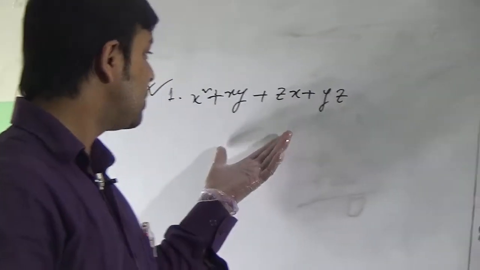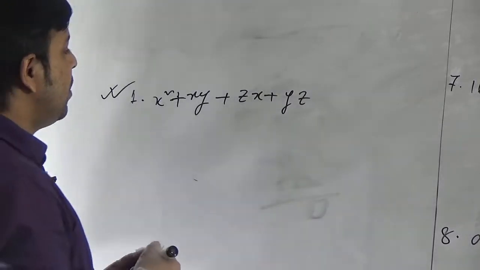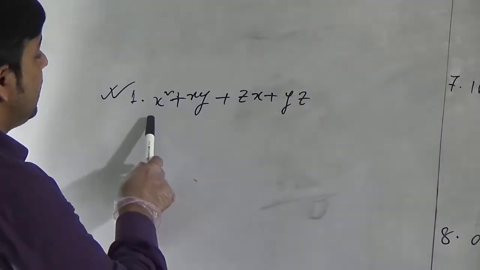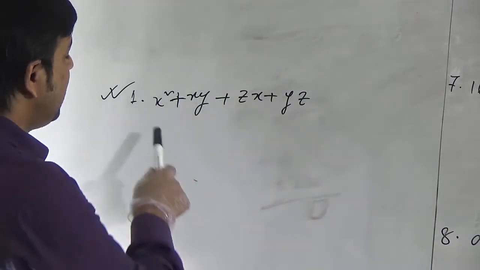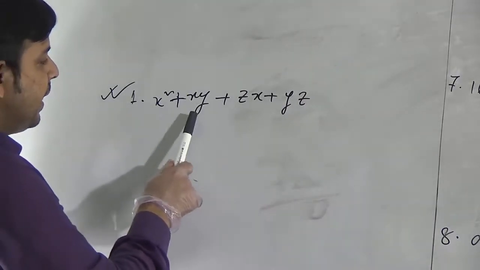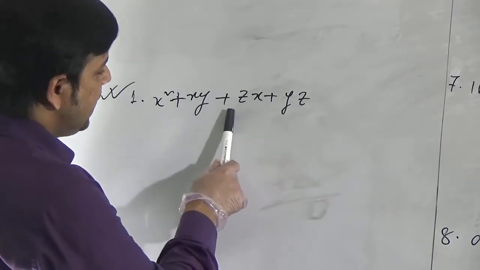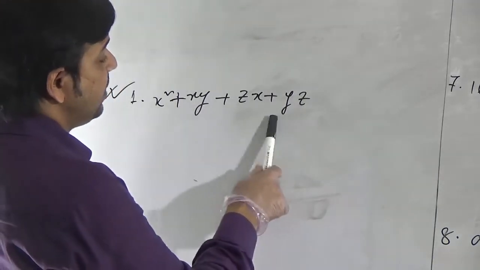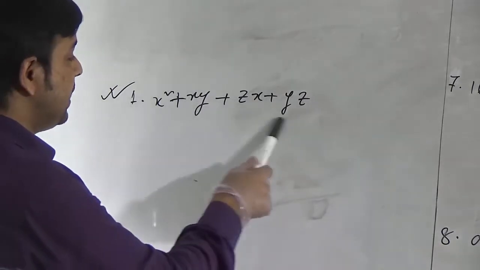At first, we have to observe whether there is any common factor in all the terms or not. Here is x square, here is xy. So we can say x is common here, but in this term there is no x. So we cannot take common x from all the terms.